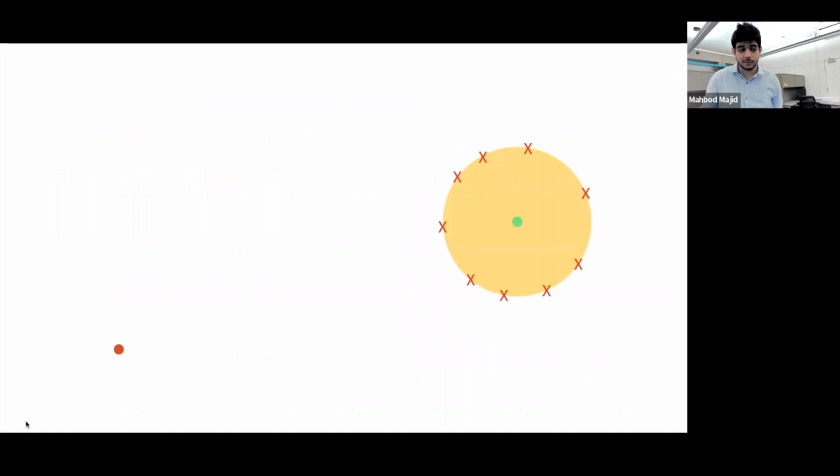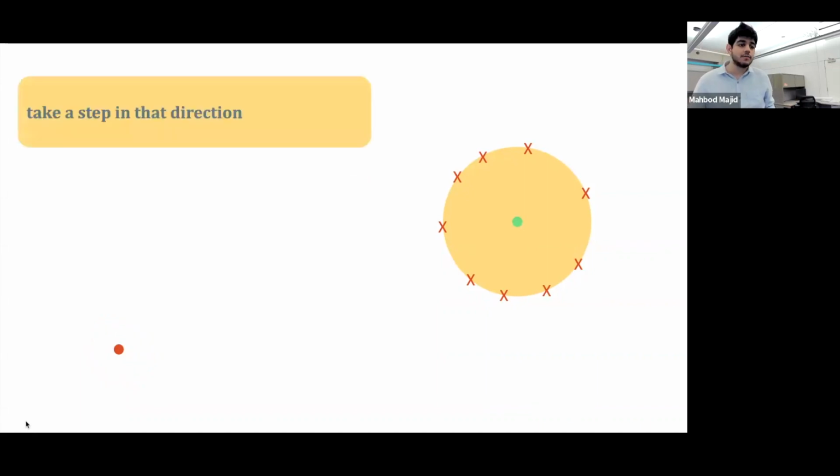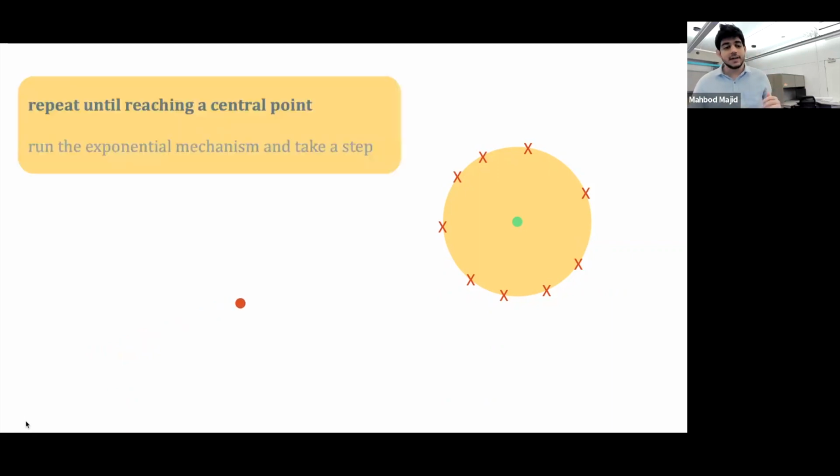So now let's see how the algorithm works. We have some candidate point mu tilde. We have to pick one of the directions that we can move into. And how do we select from these directions? We use the exponential mechanism to sample from the SDP score function. We find some direction, we take a step in that direction, and we repeat again until we reach a central point. And this is going to be private because we are using the exponential mechanism to sample from the set of directions. Okay, we repeat until we reach it.